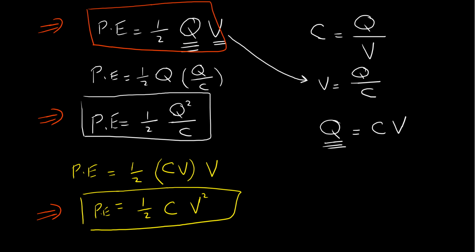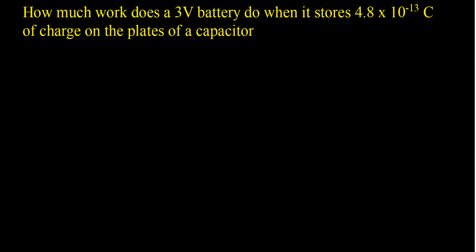Okay? So I'll try to solve a quick, simple example to practice the idea of calculating the work done by a battery to charge a capacitor. So how much work does a 3-volt battery do when it stores 4.8 times 10 to the power minus 13 coulomb of charge on the plates of a capacitor?